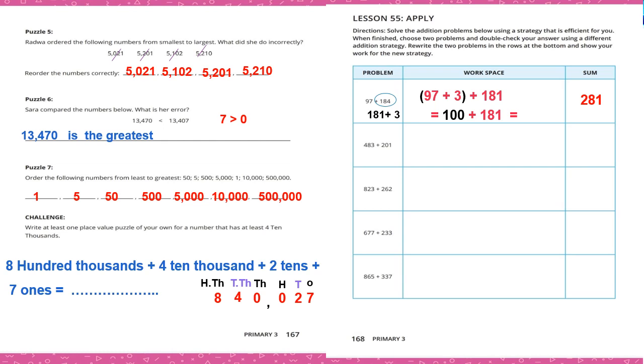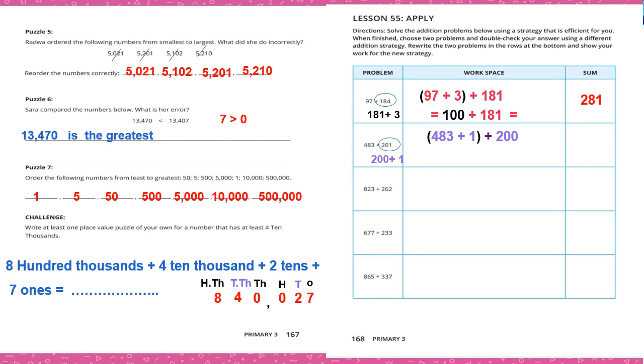Number 2, like number 1, 483 plus 201. Let's split 201 to be 200 plus 1. Like this.